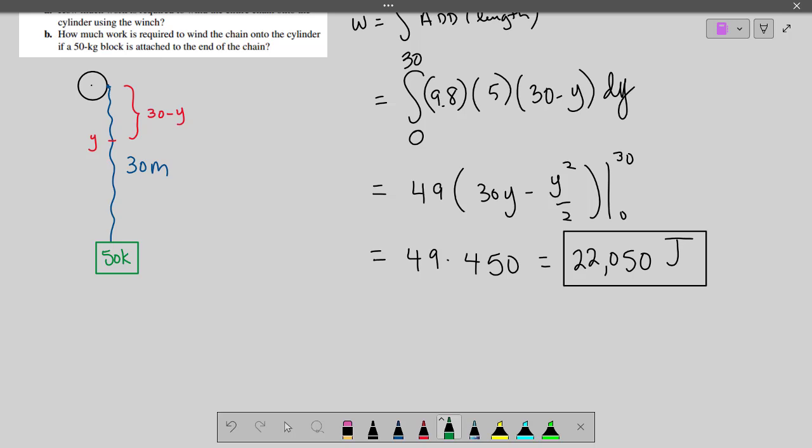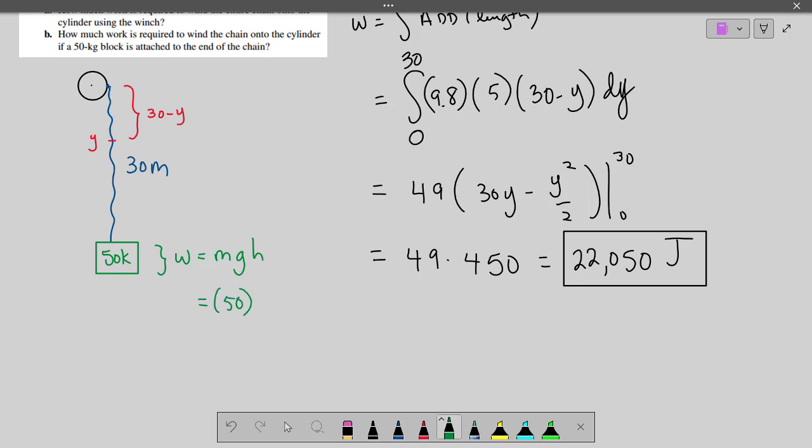We already found the work that it would take to wind up the chain. The work to lift the block 30 meters is mgh. So the work just for the block to be lifted 30 will be its mass times gravity times the distance traveled. And mgh is usually what a lot of books will put it as.